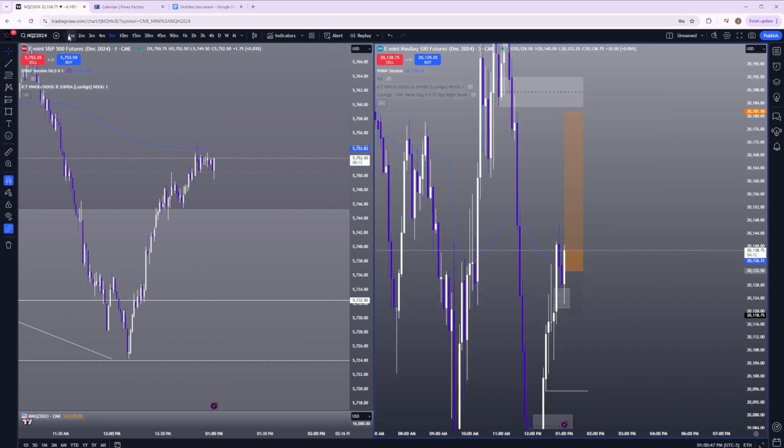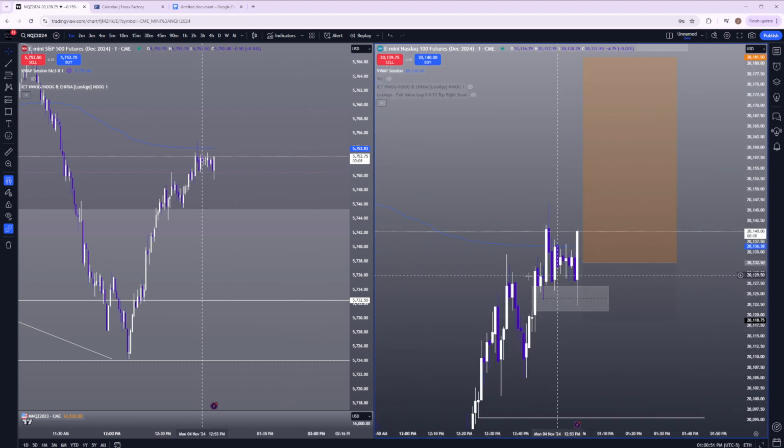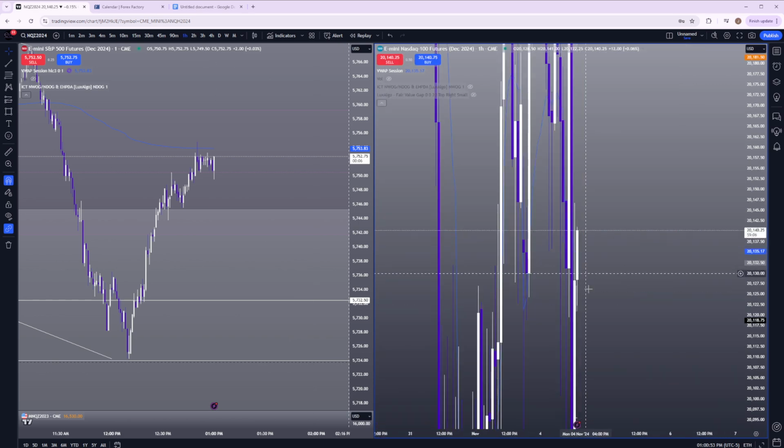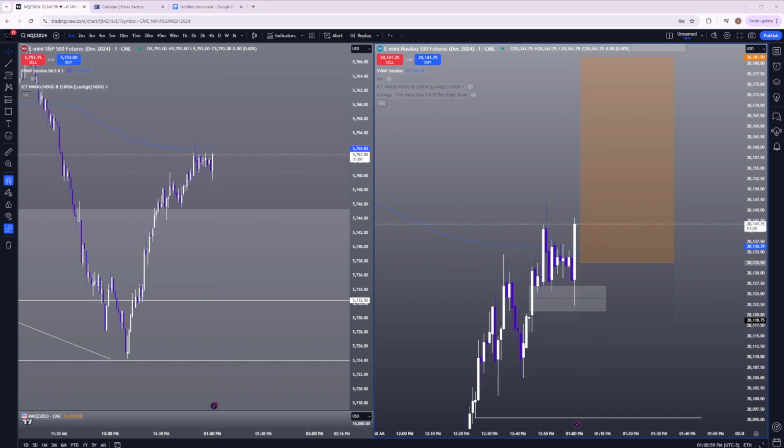Okay, guys, we tapped into that 5 minute. These longs are setting up pretty nice right now. We got our 1 hour manipulation wick here. We tapped into a 5 minute busy. Great bounce off the busy, and now I'm looking for my entry.